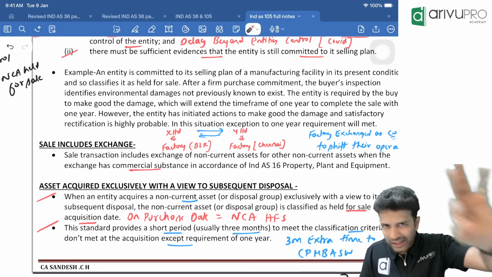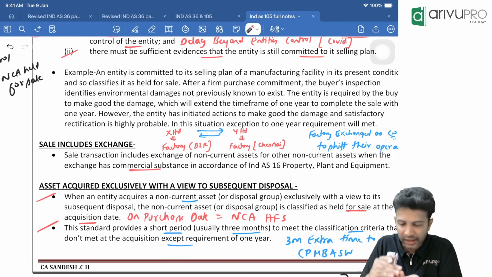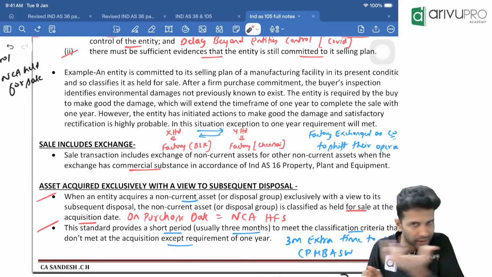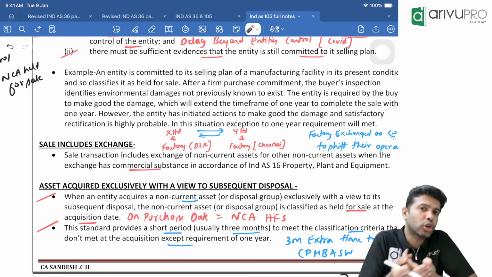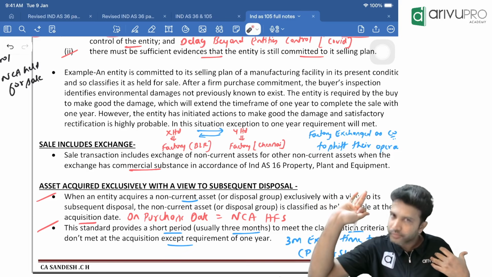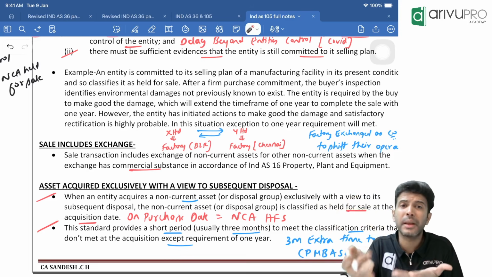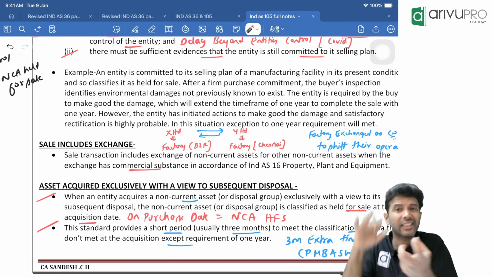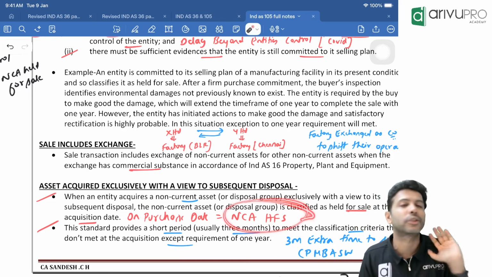If that is the case, then the time you buy it, like in my example, the company got a good deal on a building and they have purchased it. Their intention of purchasing the building is not to use it for their business purpose, but to sell it off. So on the day the company purchases this building, that day only you classify it as held for sale.